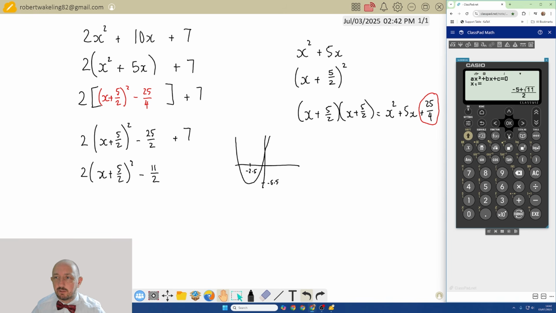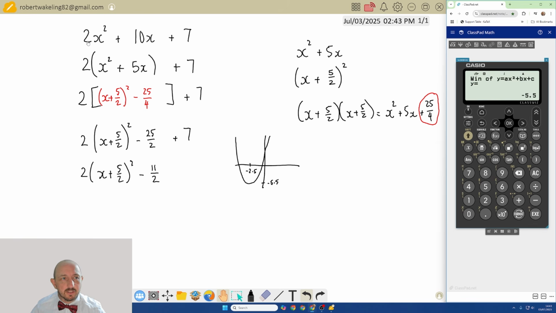But when we keep scrolling down, you can see that the minimum for this is when x equals minus 5 over 2. So minus 2.5, if I change that to a plus, that will give us this p value here. And then if I scroll down one more time, minus 11 over 2 is the y coordinate. So you can change these into decimals if you want. And the calculator will confirm our completed square for us.